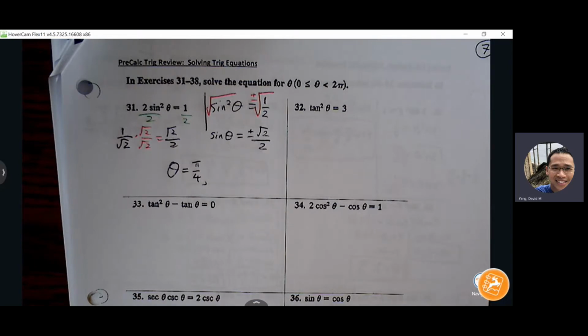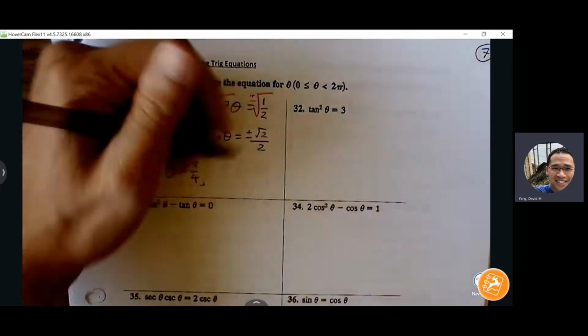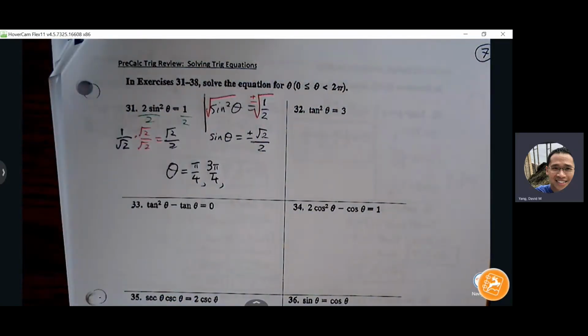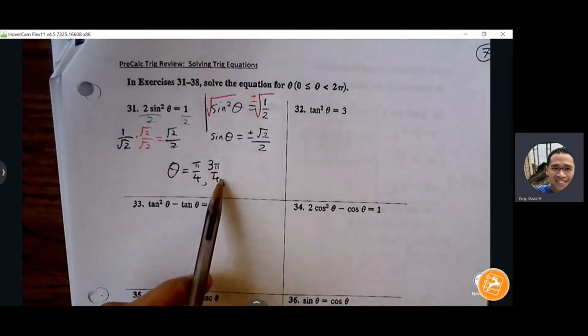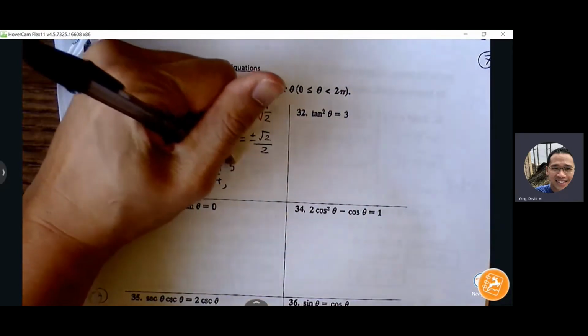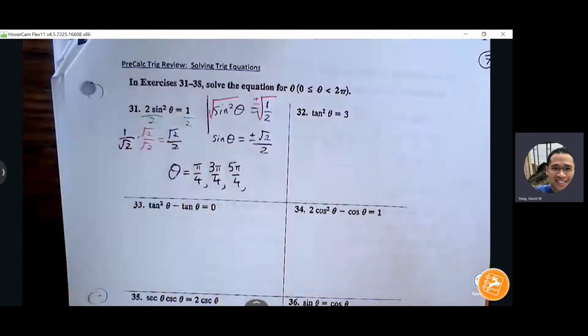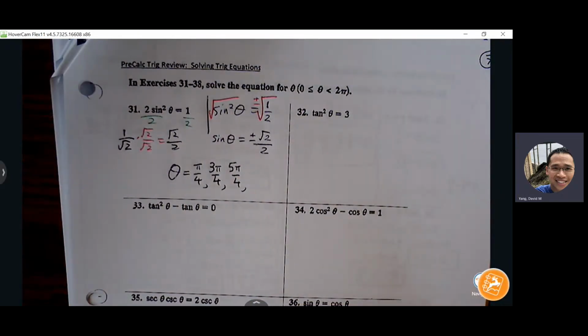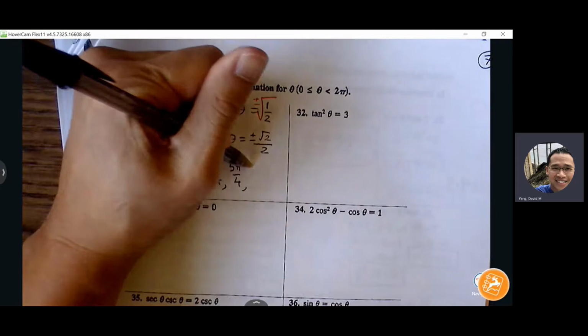So pi over 4. 2 pi over 4 is pi over 2, so we skip that one. 3 pi over 4, that's 3/4, less than 1 but greater than a half, so that's second quadrant. We increase by 1, 4 pi over 4, that's pi, not it. 5 pi over 4, that's more than 1, less than 1.5, so that's third quadrant. 6 pi over 4 reduces to 3 pi over 2, so that's not it. Next up, 7 pi over 4. 7/4 is less than 8/4, which means it's in the fourth quadrant.